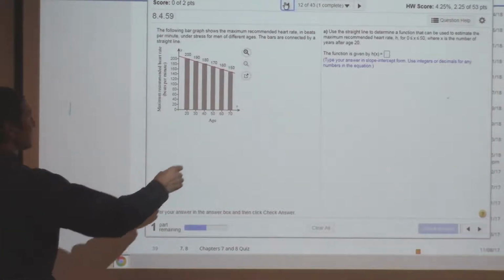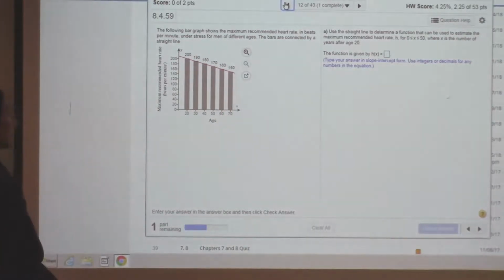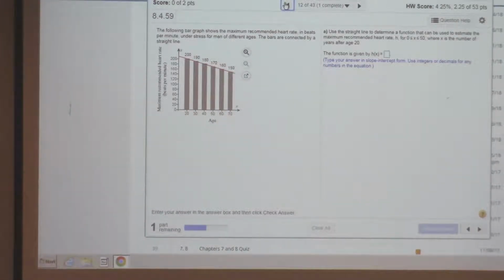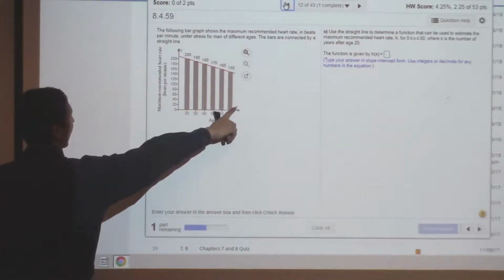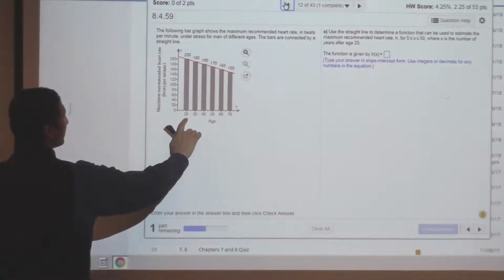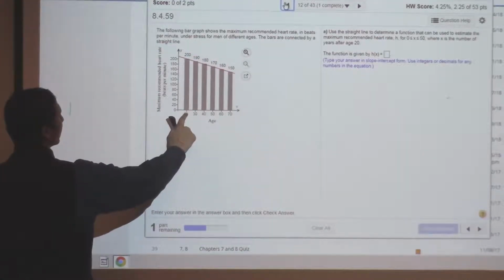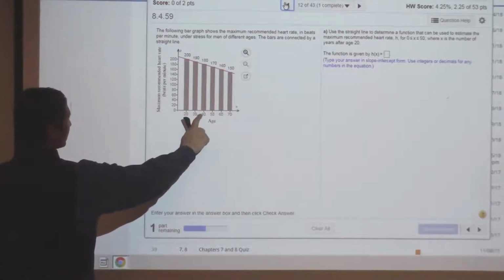You see that the problem changed slightly. It doesn't say x is the age. In this chart, your x values are age, so 20 means age is 20 years, age is 30 years.